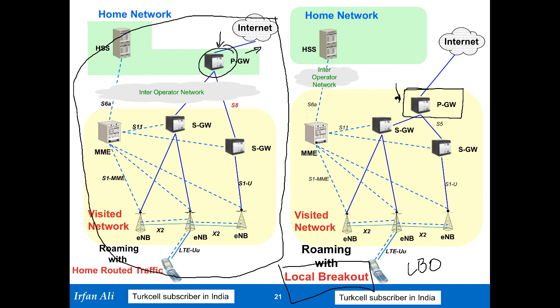But if you're doing voice over IP kind of traffic, then you want to make sure that you're able to get out to the internet and talk to your correspondent node right away, and that's where the P gateway is in the visited network.